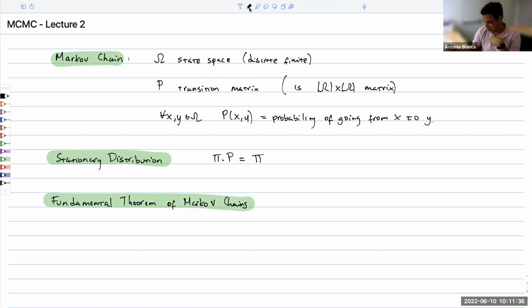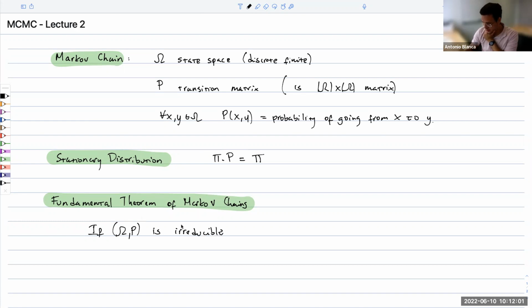So what this says is that if P and omega, which is how we are representing the Markov chain, is irreducible.